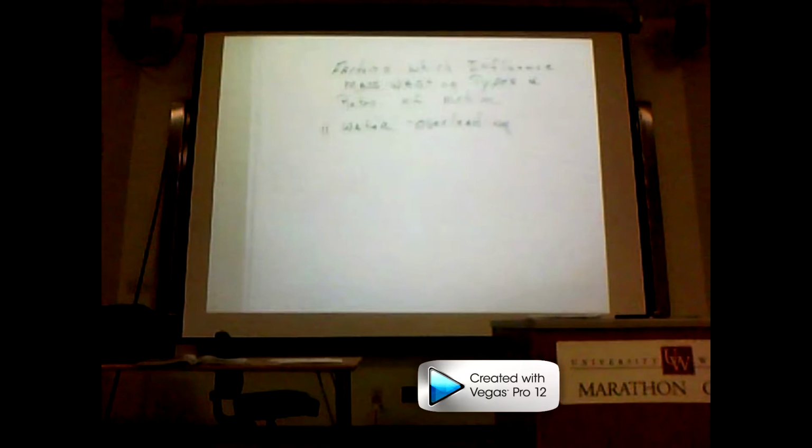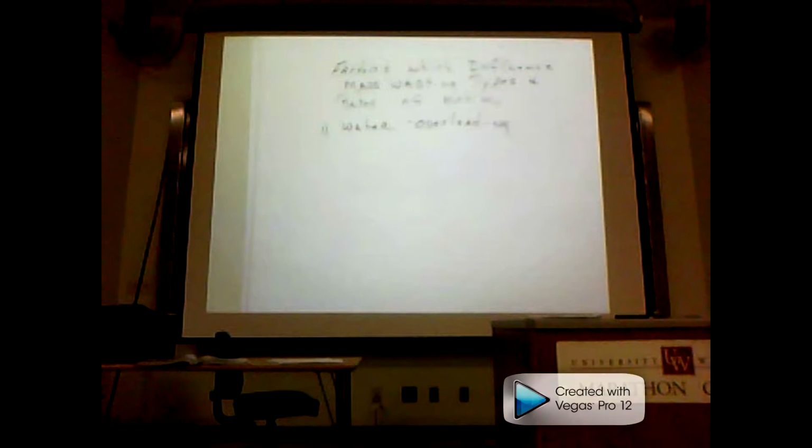So as soon as we begin to add water to the surface materials, if it destabilizes those surface materials, it's a process of overloading. Water also creates a surface that is slippery or slick. So water lubricates. We all know that wet grass and wet soils are slipperier than dry grass and dry soil.